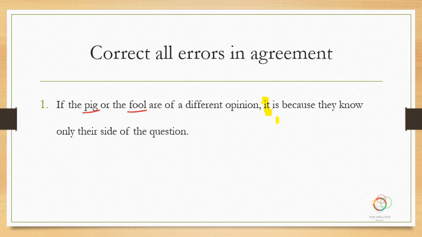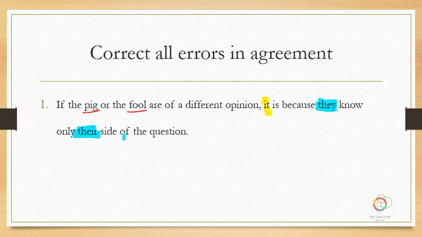It's kind of a dummy pronoun that's in there just for the structure. So we shouldn't consider that, okay? Like when you say it's a nice day, you're not really talking about any specific it. It is because they know is what we should talk about, only their side of the question, okay?